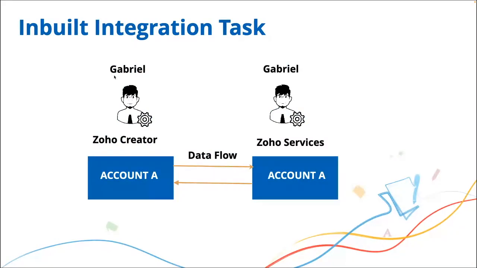In this diagram, you can see Gabriel is the account holder. Let's consider the account as account A. Using this account A, the data will flow from Zoho Creator to other Zoho services.